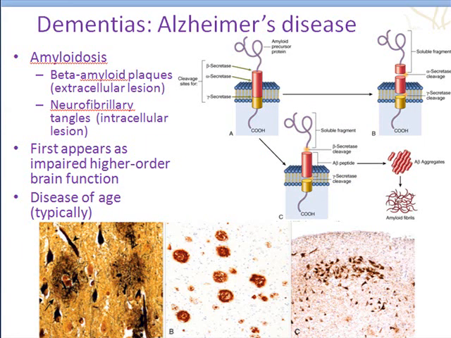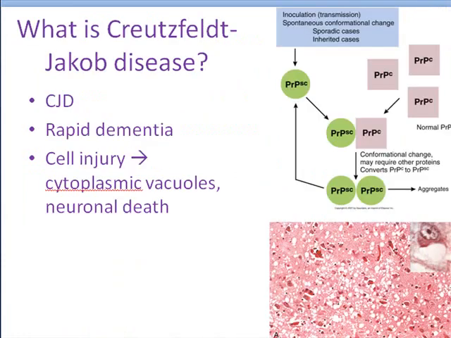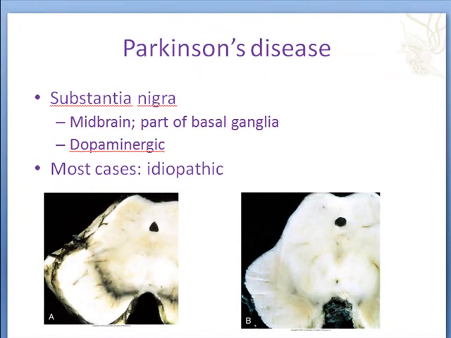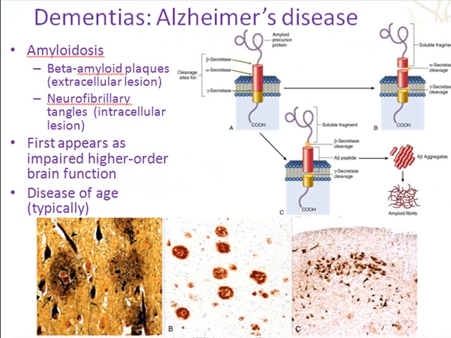Okay. The next thing I want to talk about is dementia. And, I'm sorry, there are several different types of dementia, but I'm only going to focus on one type of dementia, and that is dementia related to the development of Alzheimer's disease. Now, of all the dementias, Alzheimer's is the most common form of dementia.